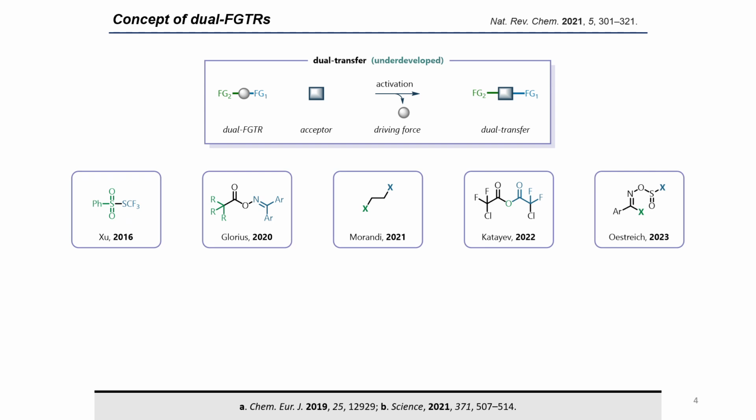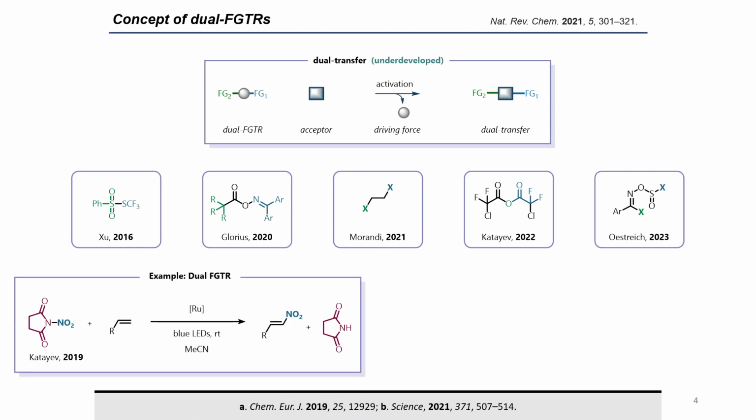Then the Oestreich group came up with an innovative strategy to make dual transfer based on an oxime core. I will give you two proper examples from the literature where monofunctional group transfer or difunctional group transfer has been done.